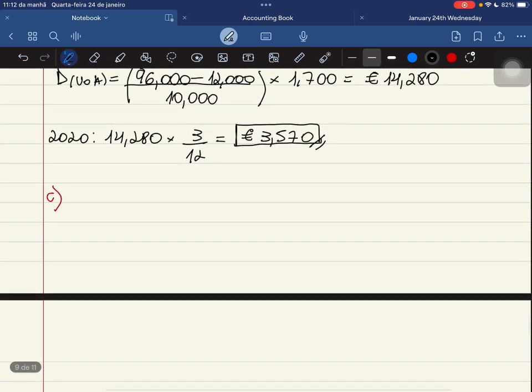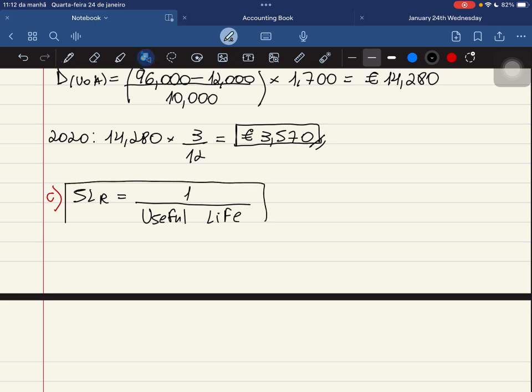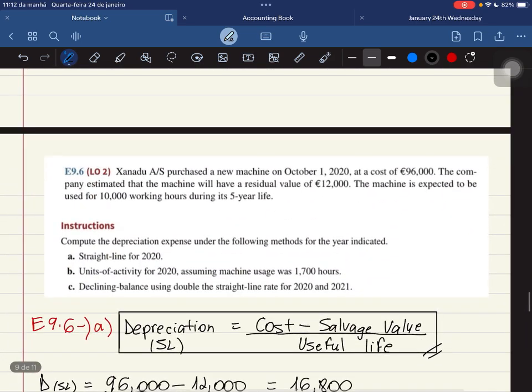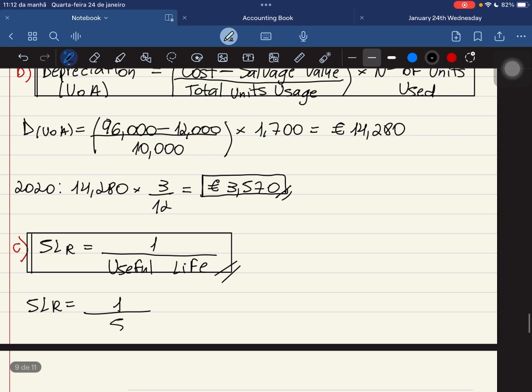Okay, so the first thing that we need to know is what is a straight line rate. There's also a formula for that, and that is the rate equals 1 divided by the useful life. So originally our useful life was 5 years, so we're going to divide 1 by 5, and that gives us 0.20, right?